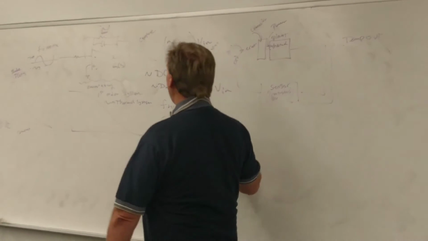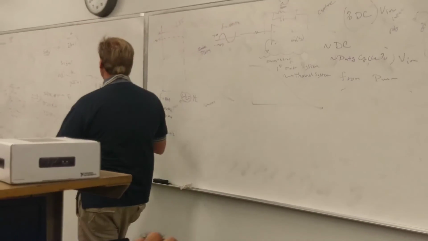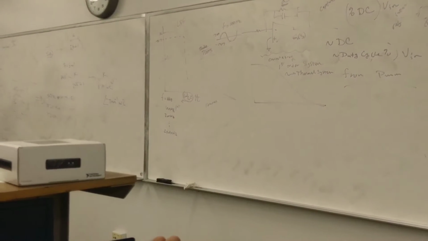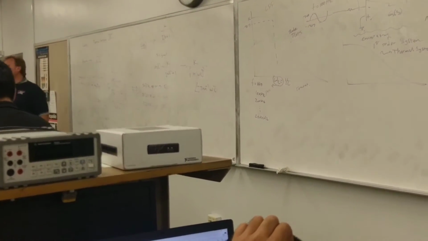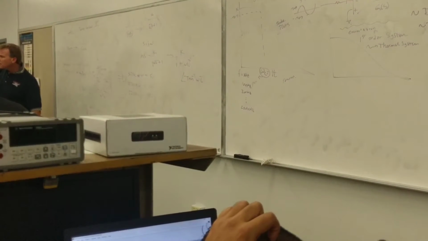Knowing that the PWM gives us a DC value as a function of the duty cycle times the voltage that it's swinging between in the PWM. Make sense?